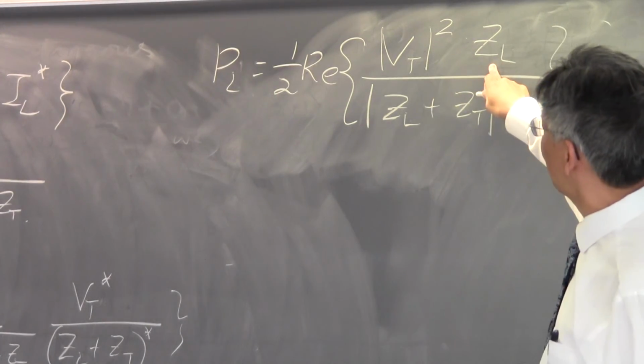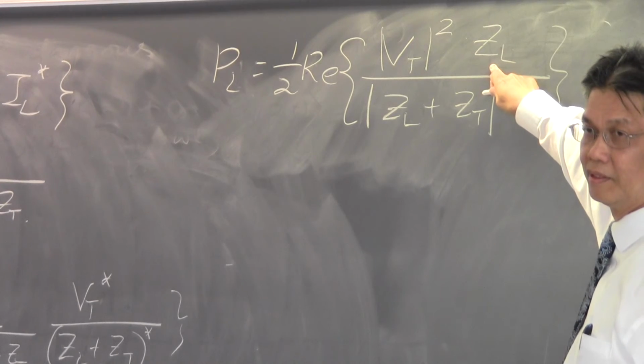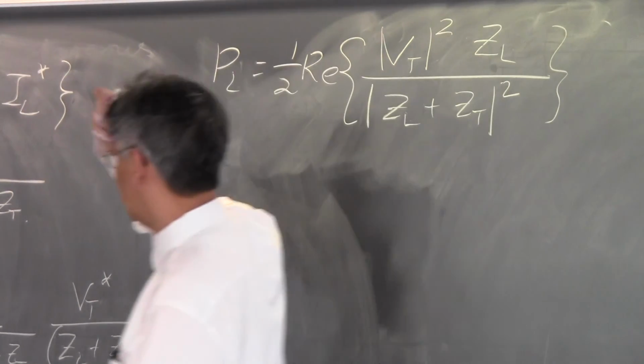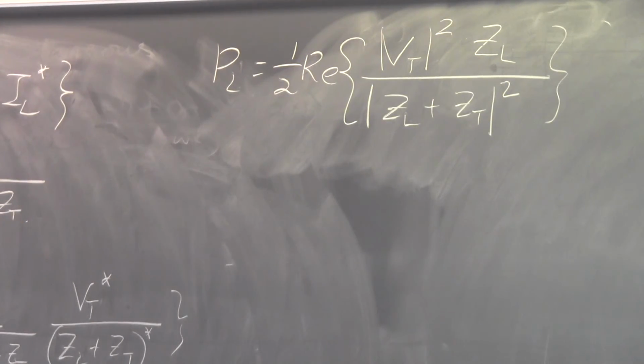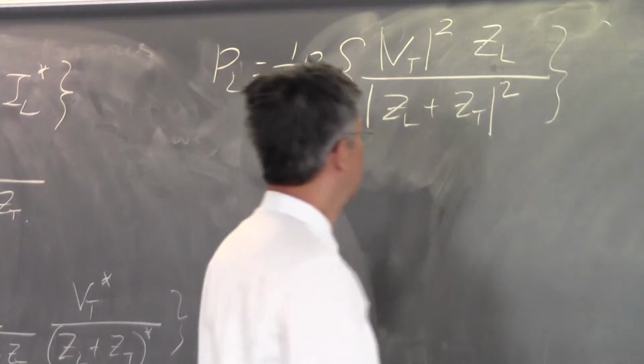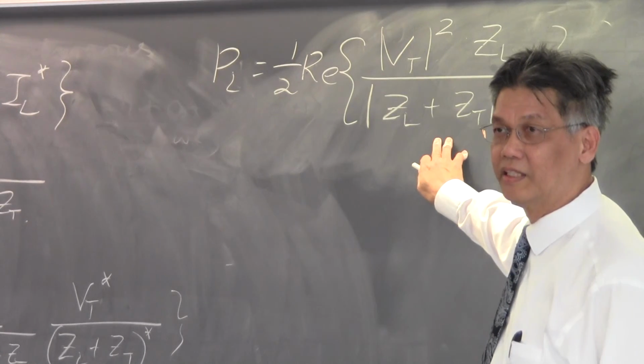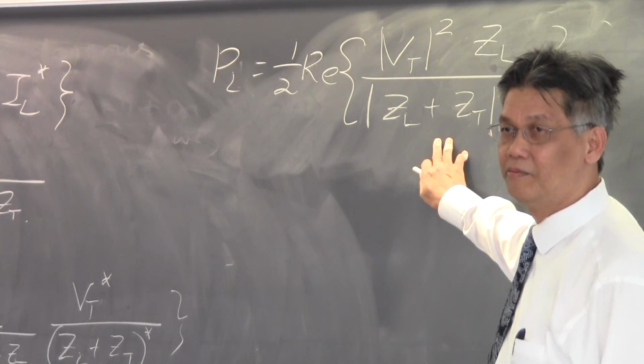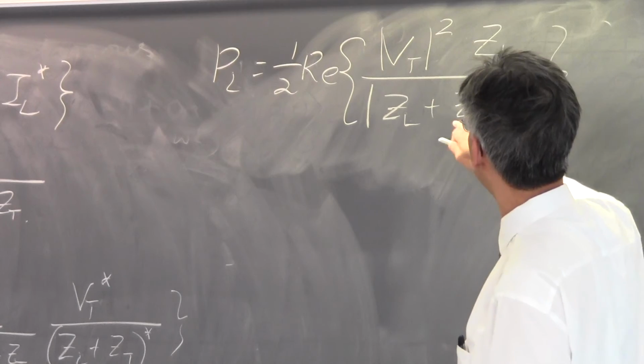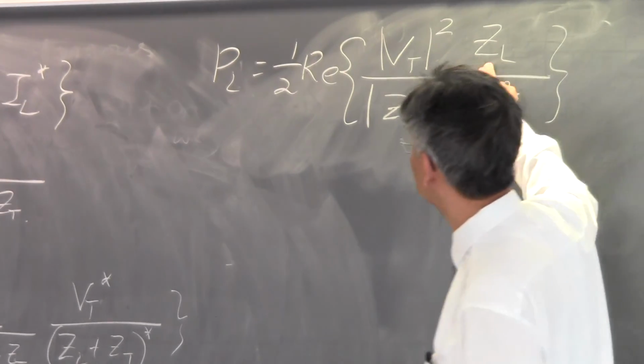Okay, but what is the real part of the numerator? The real part of the numerator is just going to be giving you RL. Okay, and the denominator, is it complex or real? The denominator that you see here is purely real. So I don't have to worry about any other thing except taking the real part of this quantity.